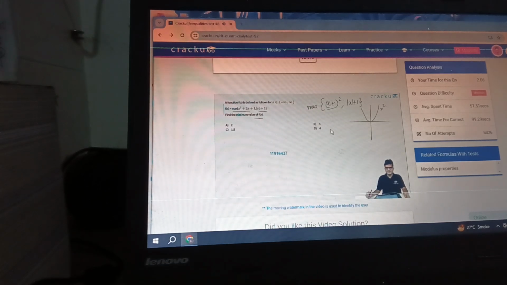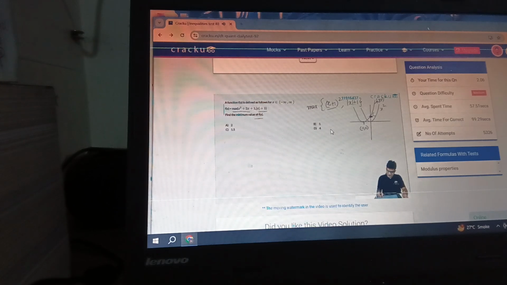You are looking for (x plus 1) whole square, so it will look very similar, but instead of touching the x-axis at 0, it touches the x-axis at minus 1. This will be minus 1 comma 0. It intersects the y-axis at what point? At that point the value of x is 0, and when x is 0 the value of (x plus 1) whole square will be equal to 1.